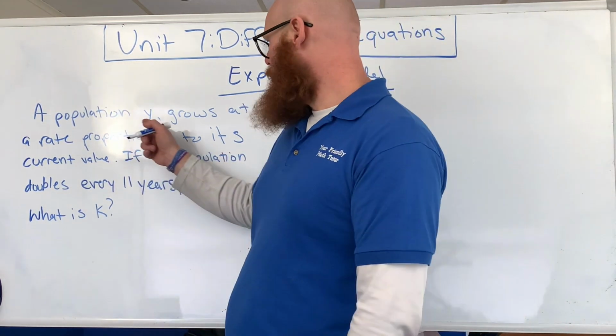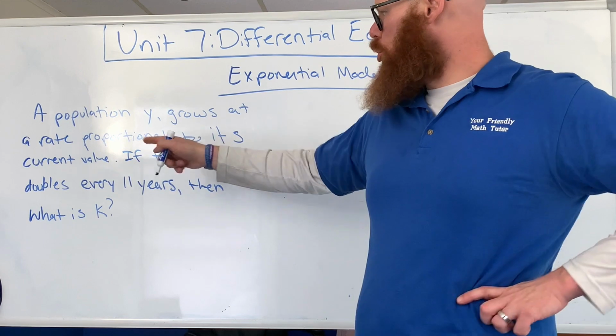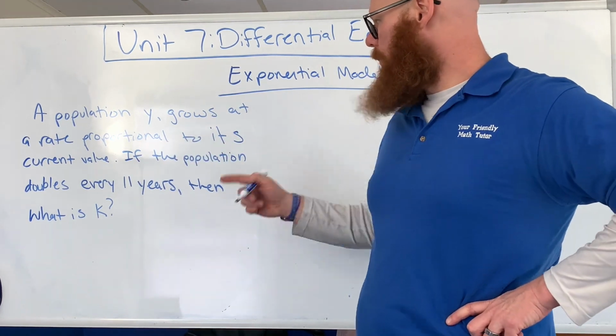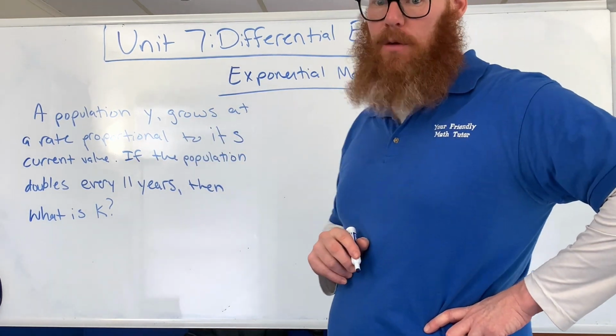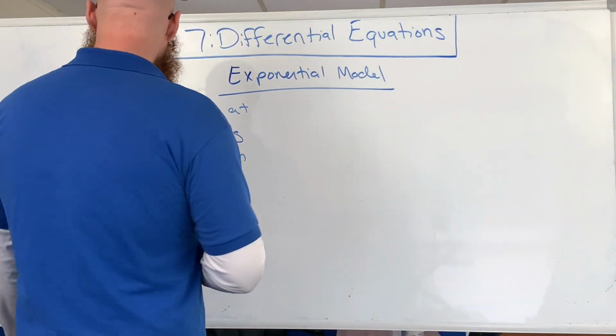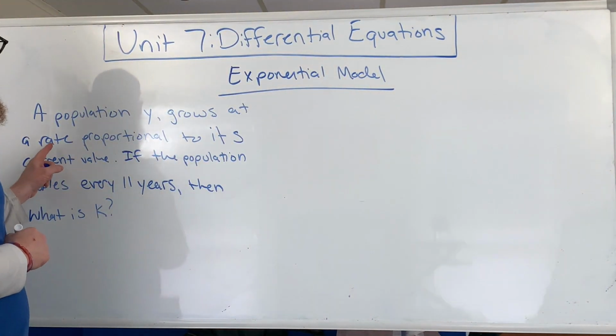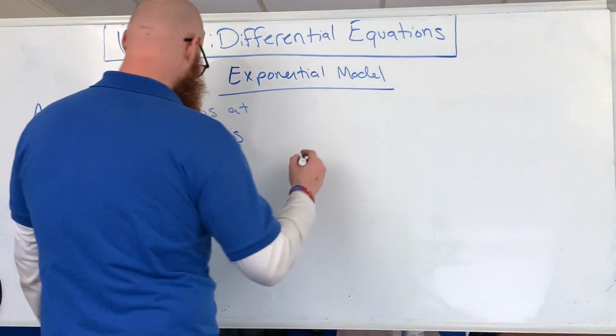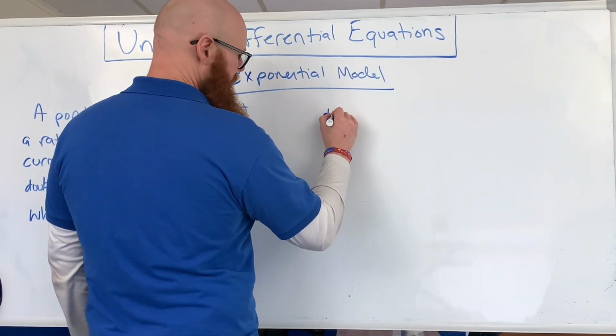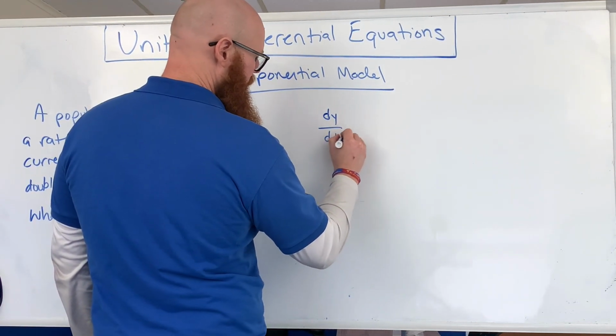So we got a population y grows at a rate proportional to its current value. If the population doubles every 11 years, then what is k? So we have it grows at a rate. So we can think of this, dy dt, all right?